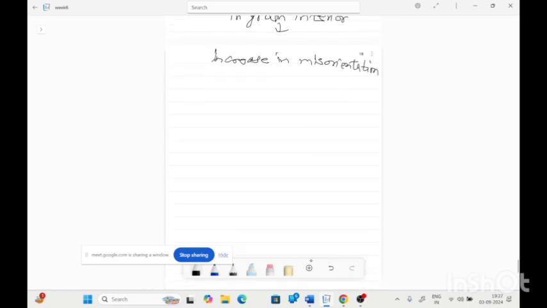As we see in a grain, the boxes are the dislocation substructures.